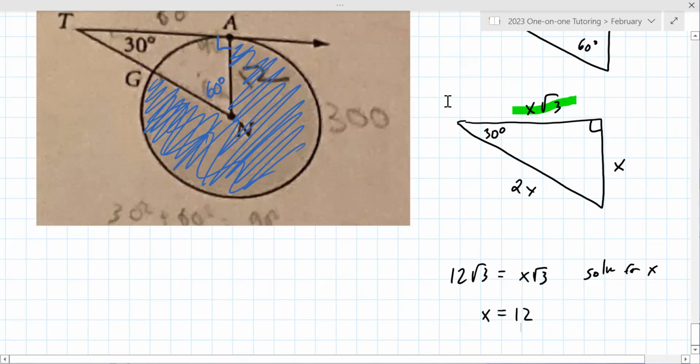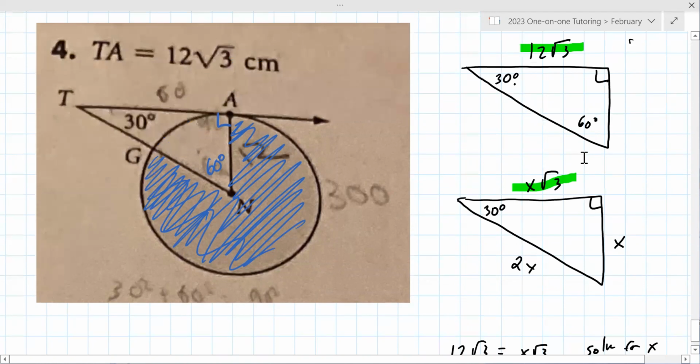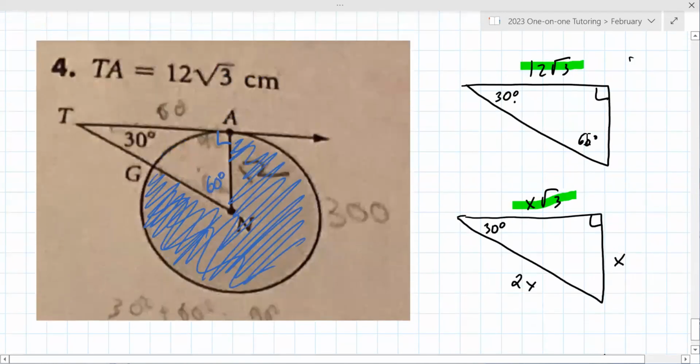Yes. Because there are two square root threes, they cancel out. It also tells you what the short leg is. The short leg is x, which is 12. The hypotenuse is double the short leg, double 12, which is 24.